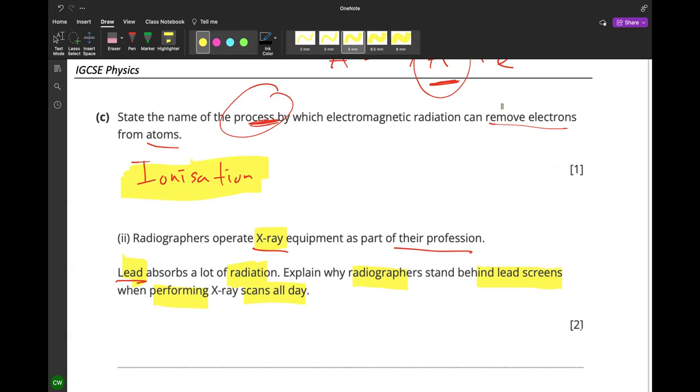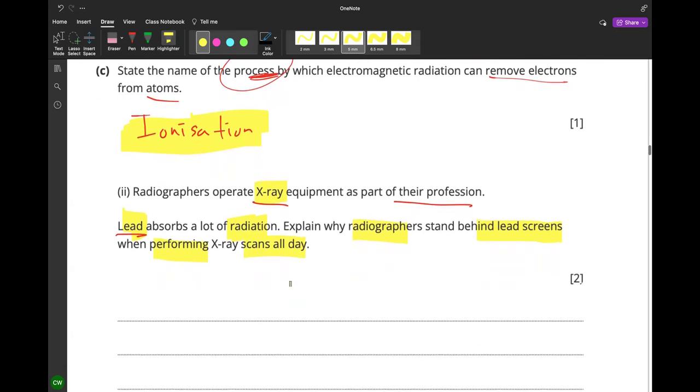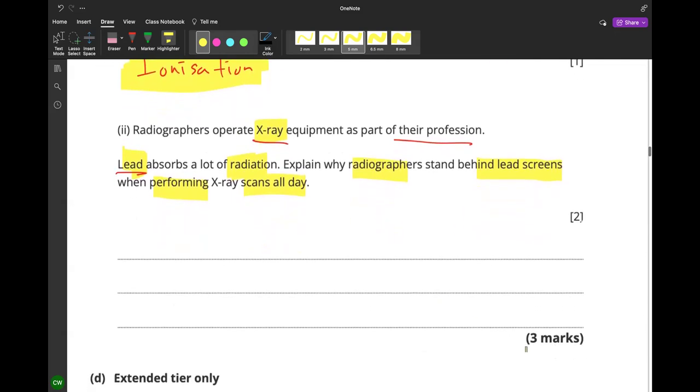Like you, exposed to the X-ray, you become ionized. Then you turn black. Same thing. Some people die, get cancer. So we need to stand behind the screen because X-ray is ionizing.